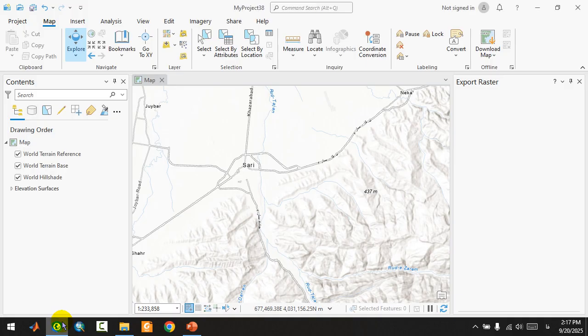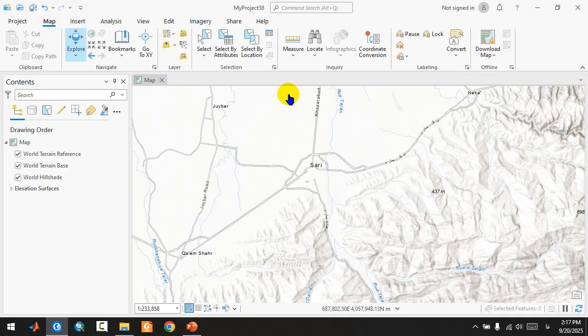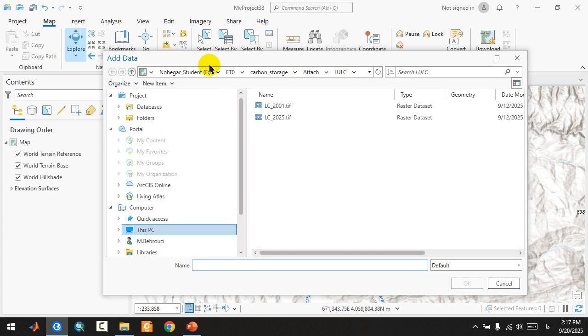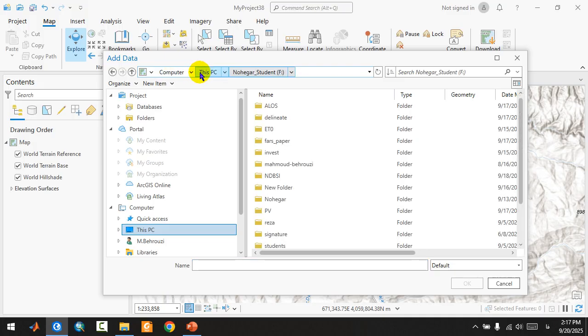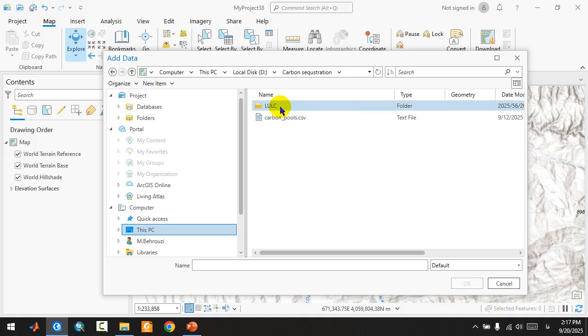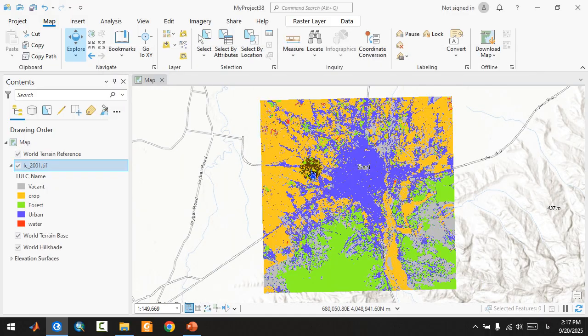At first, in the ArcGIS, we must create and prepare the land use raster in drive D, the carbon sequestration LULC, and the LULC for 2001 year.tif.